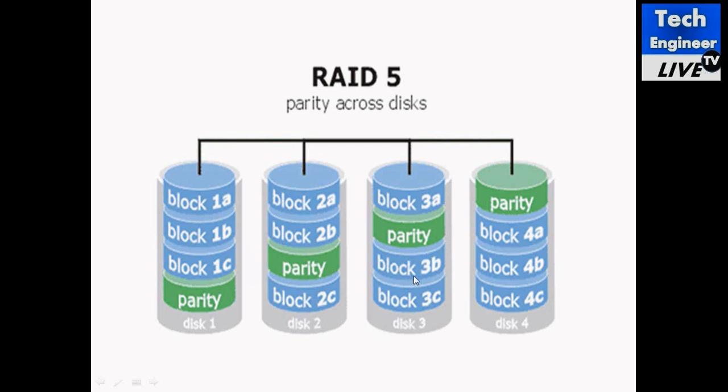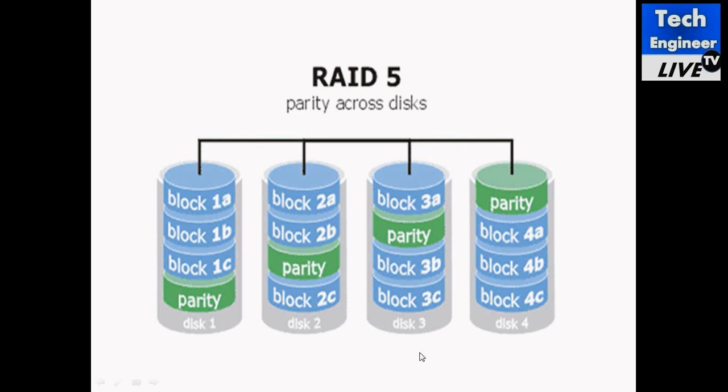So it will be in sequence for parity, and one stripe out of 4 will be dedicated to parity and 3 will be for data saving. So not only will it increase the performance, it will also give you a backup.